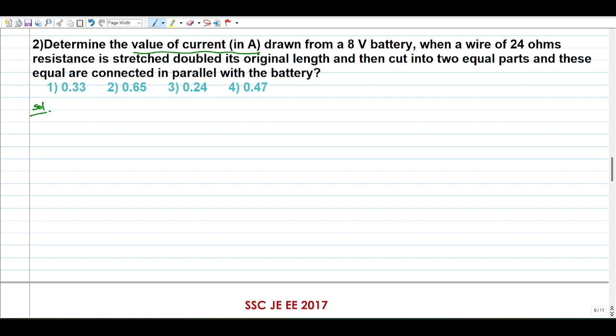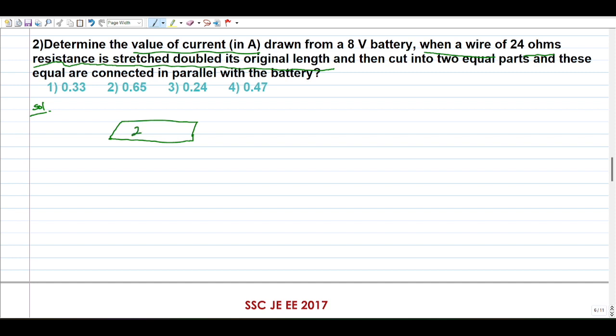Here we need to understand these lines very carefully. This is a very important line. Consider this is the conductor.